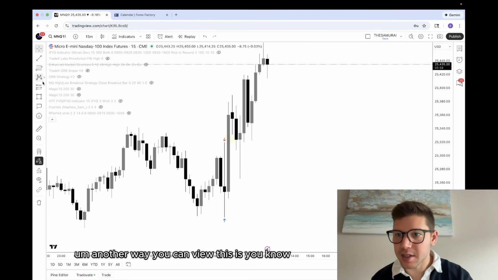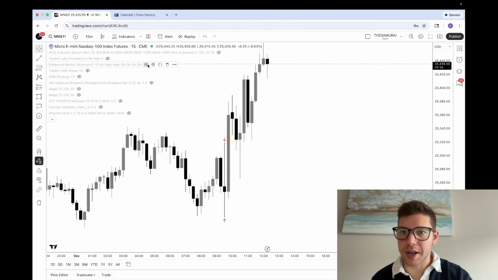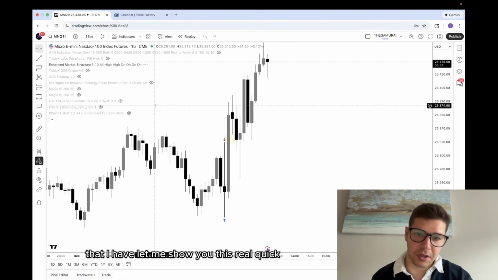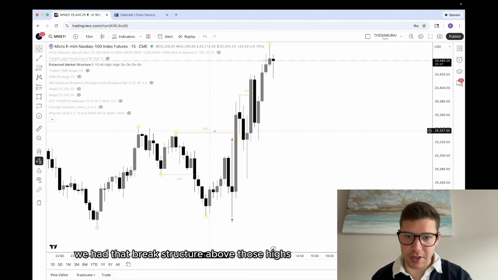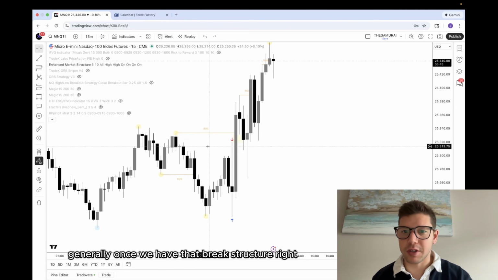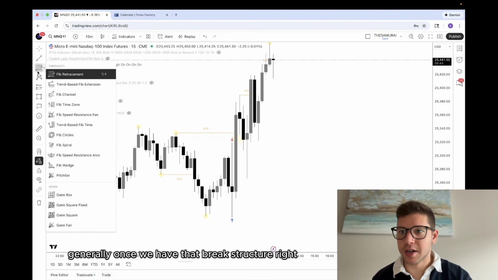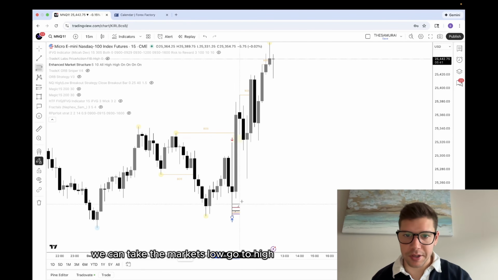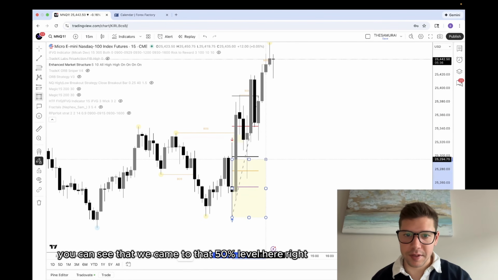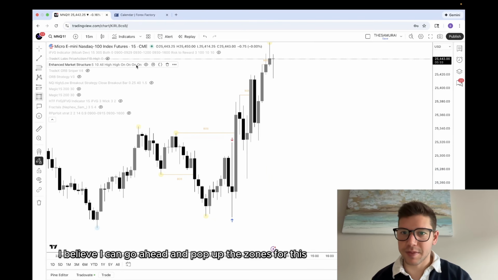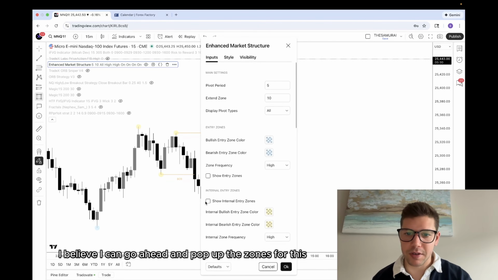Another way you can view this is, you pull up the enhanced market structure that I have. Let me show you this real quick. Here's the enhanced market structure. You can see we had that break of structure above those highs. Generally, once we have that break of structure, we can take the market's low to high. You can see that we came to that 50% level here. And actually, I believe I can go ahead and pop up the zones for this.